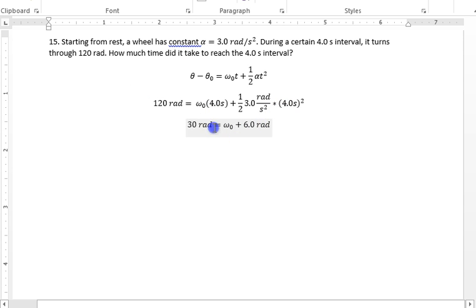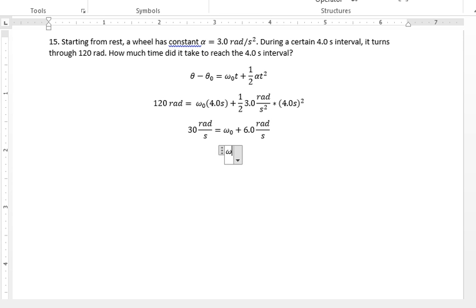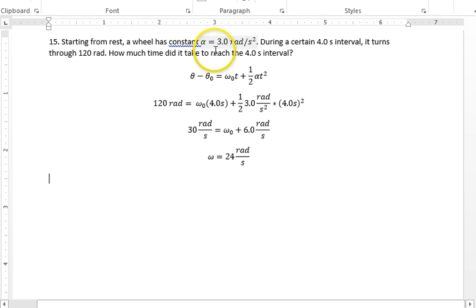Oh, sorry, I divided by 4 seconds, so that's now seconds. And so we get right away that the initial velocity is 30 minus 6, which is 24 radians per second.